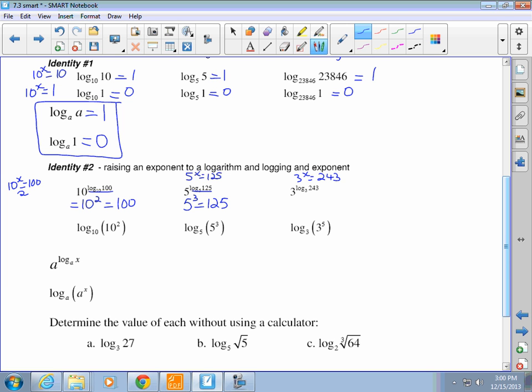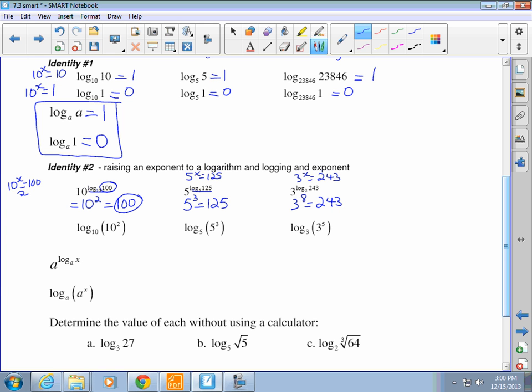That would be a 5. So this would be 3 to the power of 5, which is 243. So the pattern here, if you look, is 10 to the log base 10 of 100. Your answer is just 100. So your solution here is the same as the solution there.